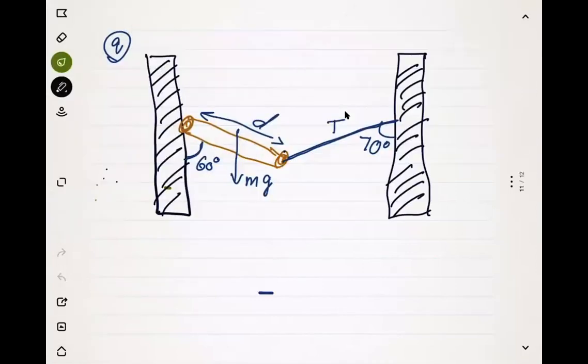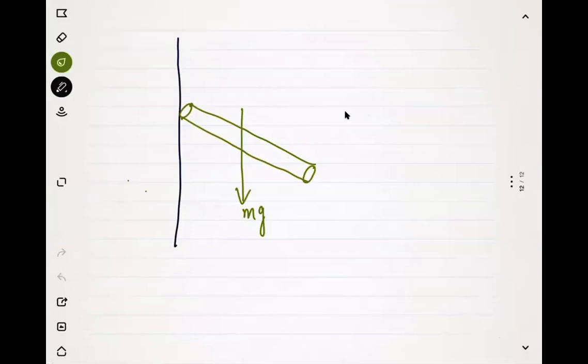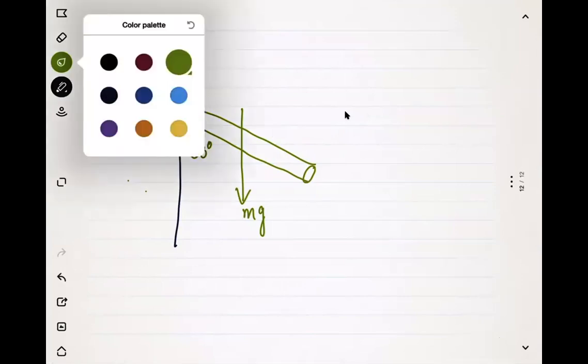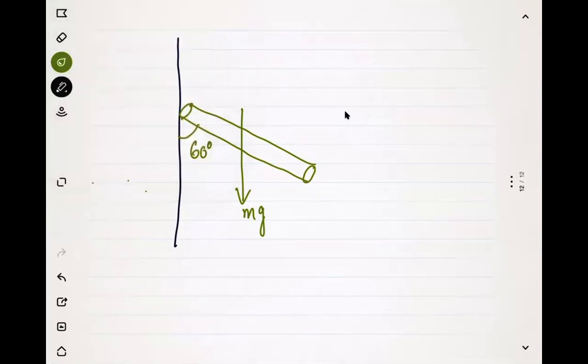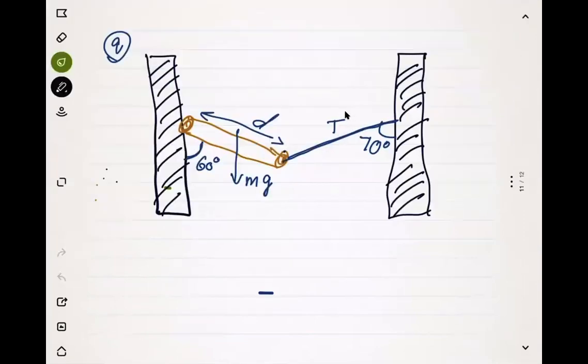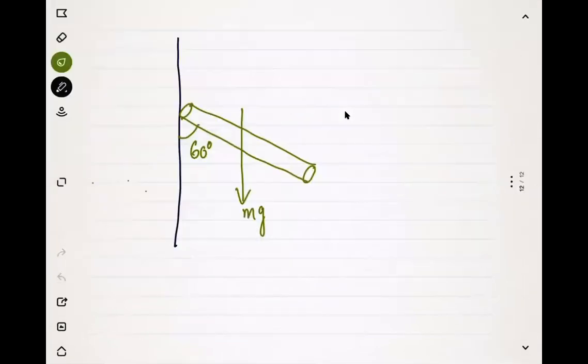And as you see, the angle of the rod with the vertical is 60 degrees. Now, if you resolve the weight into two components according to this angle, and the length of the rod is D.